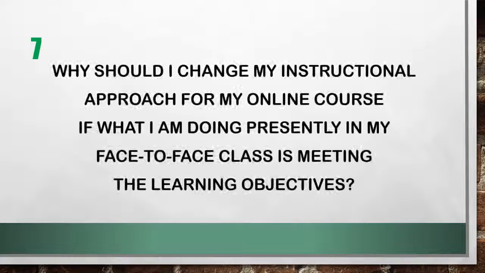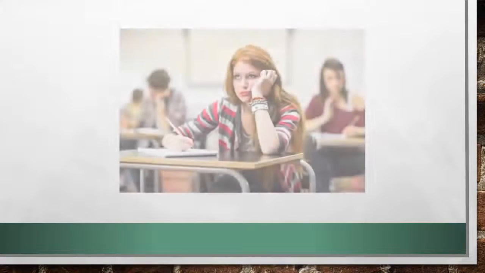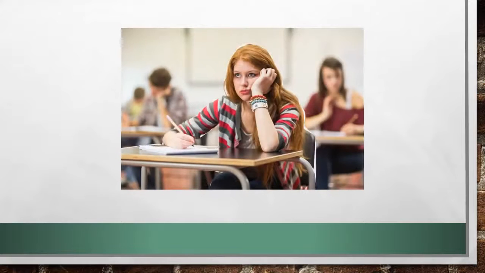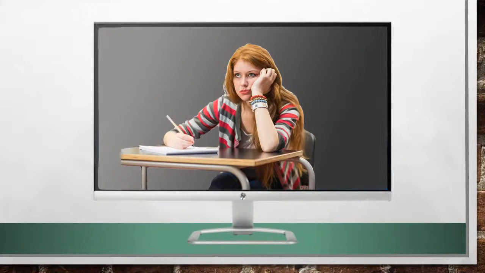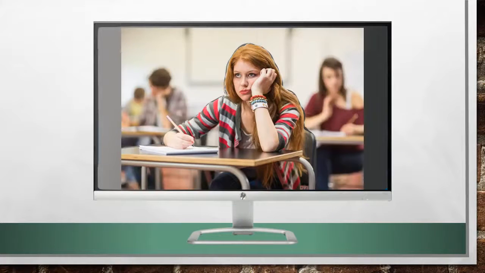Why should I change my instructional approach for my online course if what I am doing presently in my face-to-face class is meeting the learning objective? An online course format removes many of the informal monitoring and assessment habits that good seated course instructors use and may not even realize they do.